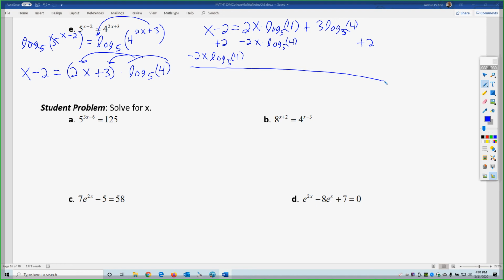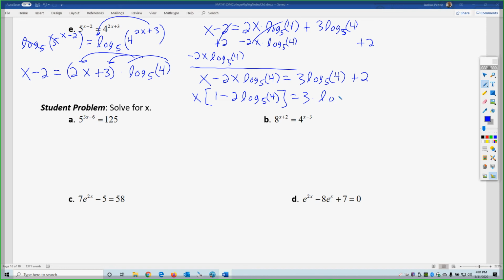So what does that look like? On the left side, I'm left with x minus 2x log base 5 of 4. And on the right side, since those went away, I'm left with 3 log base 5 of 4 plus 2. So now the logs are on one side, x is on one side. I can factor out an x and be left with 1 minus 2 times the log base 5 of 4 equals 3 times the log base 5 of 4 plus 2.